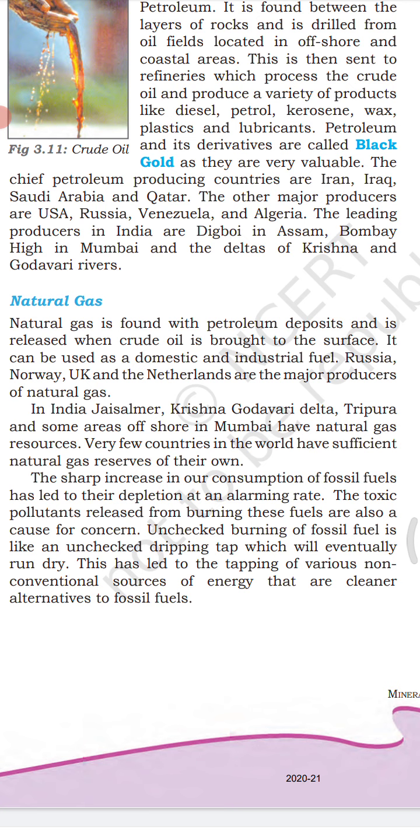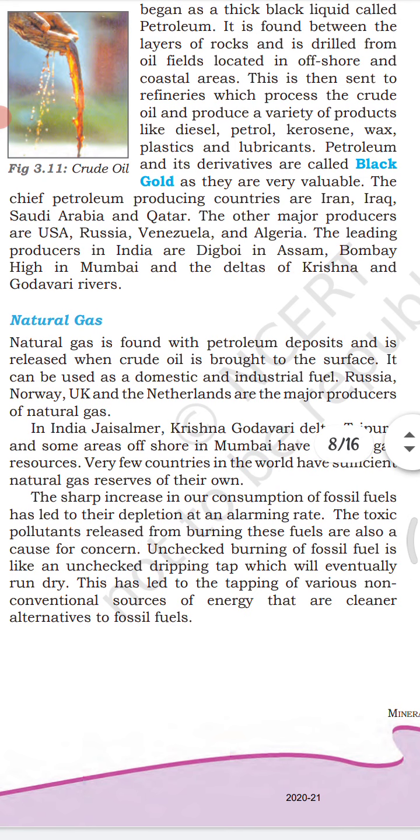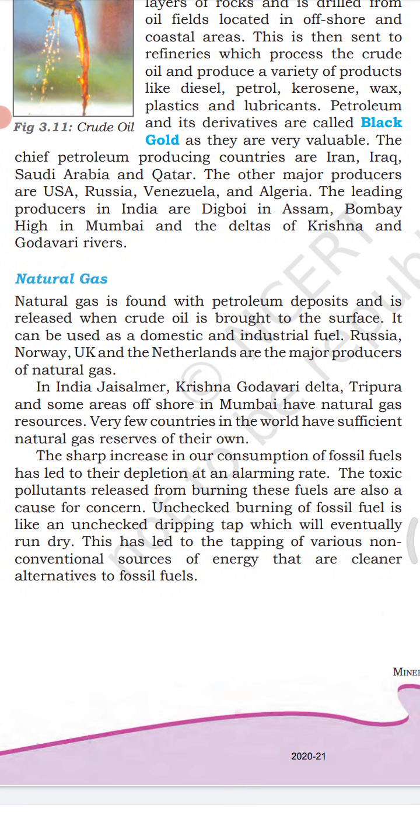So, it is found with the petroleum. It can be used as a domestic and industrial fuel. Russia, Norway, UK, and the Netherlands are the major producers of natural gas.